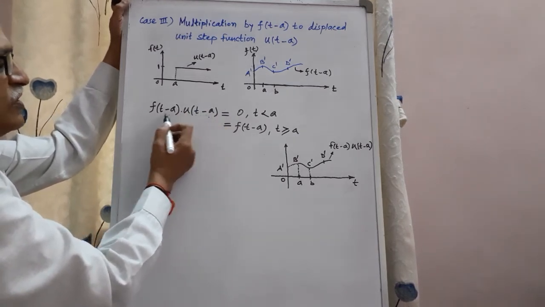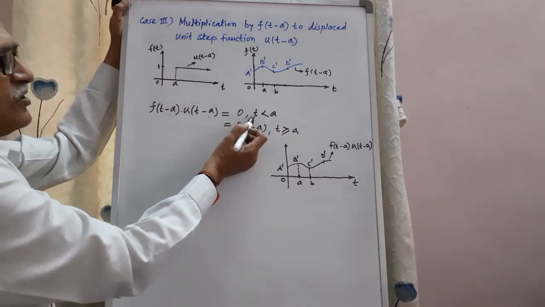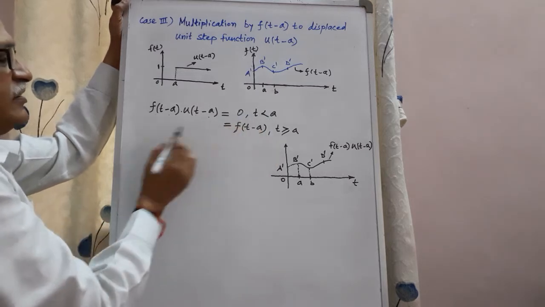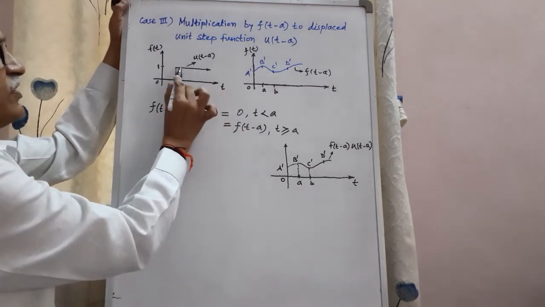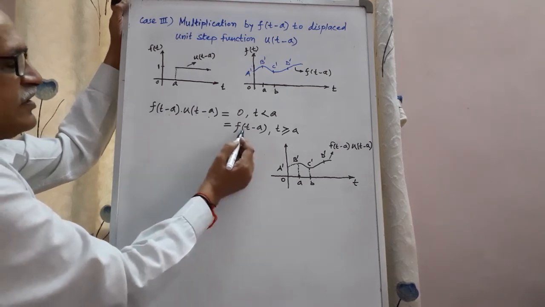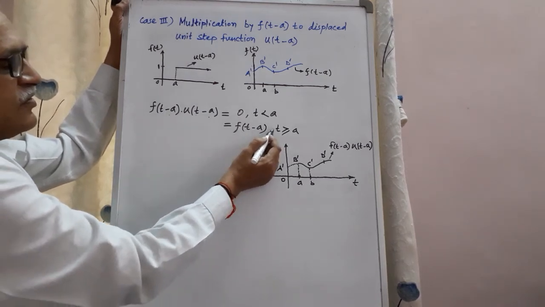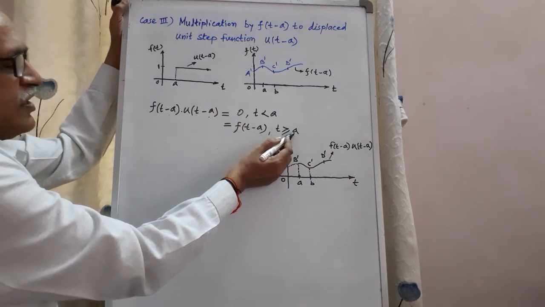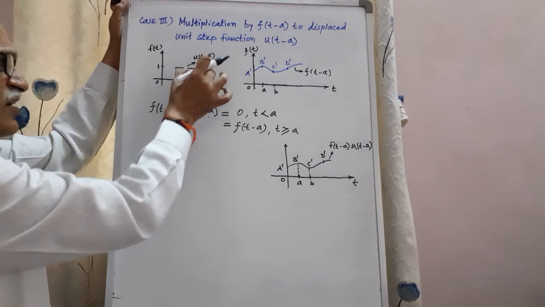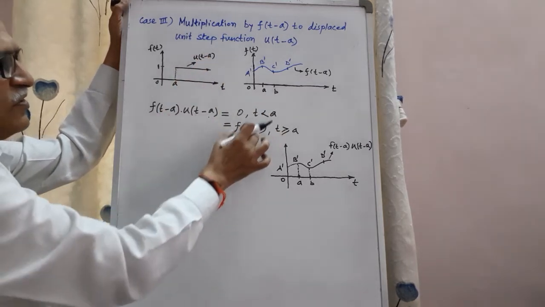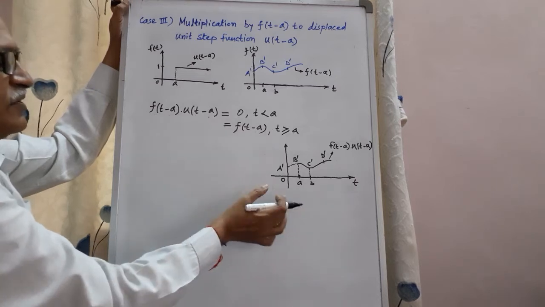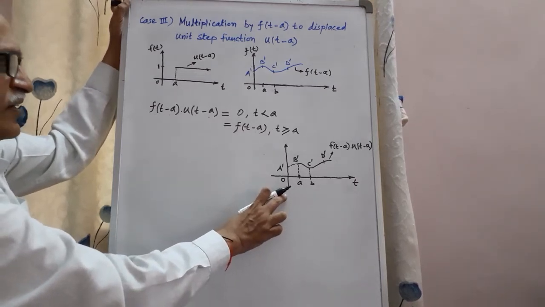It is 0 for the condition t less than a, and the other value is 1, so 1 into f of t minus a gives f of t minus a for t greater than or equal to a. Using either the figure or the definition we get these two values, and we can represent the same in the resultant figure.